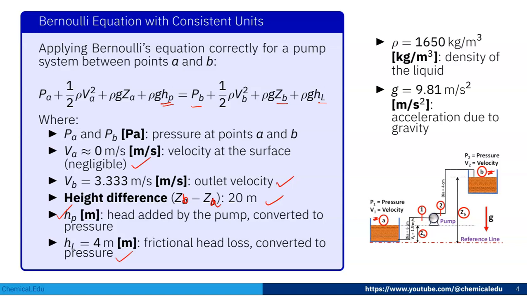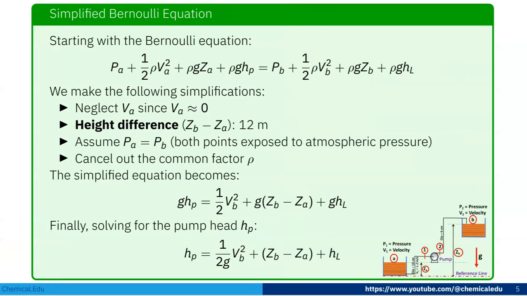So starting with Bernoulli's equation, the same equation. Here we neglect VA, so VA is 0, and PA and PB are both exposed to atmospheric pressure, so these will cancel out.